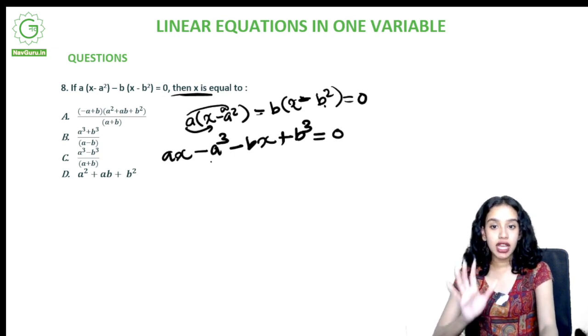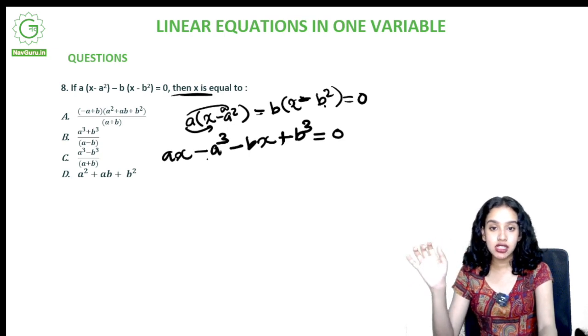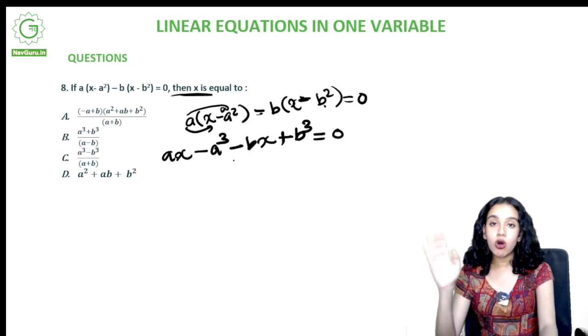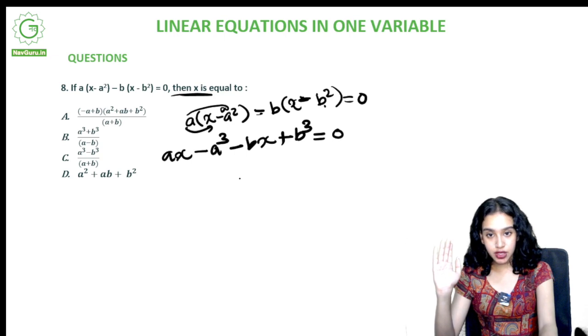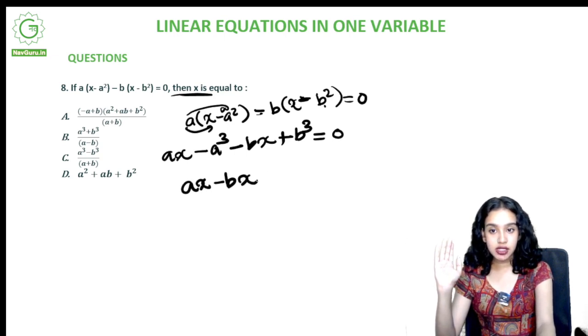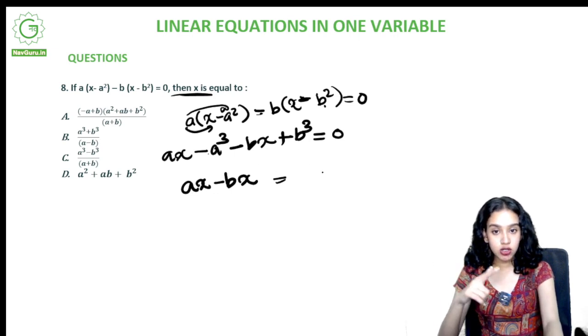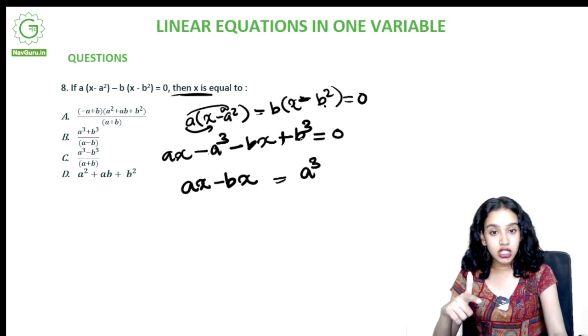Now we have to isolate the terms which have x in it to one side, and we'll take all the other terms to the other side. So we have ax minus bx is equal to minus a cube, which when taken to the other side becomes plus a cube, and minus b cube, which, no, here it is plus b cube.